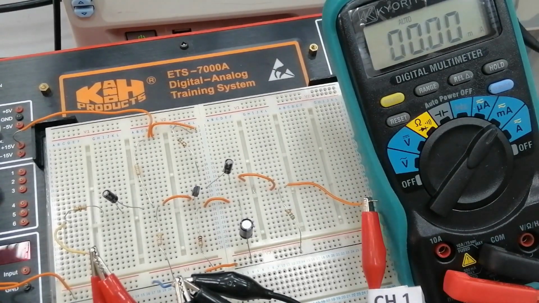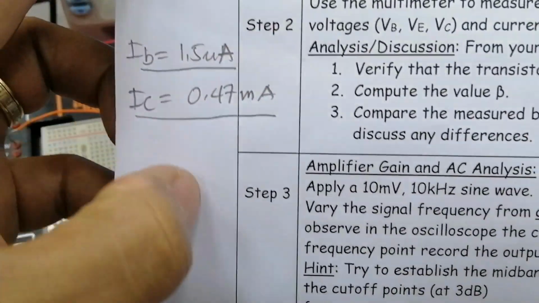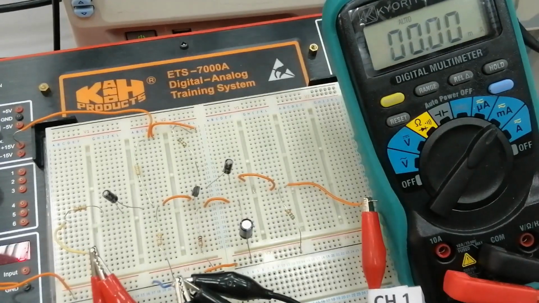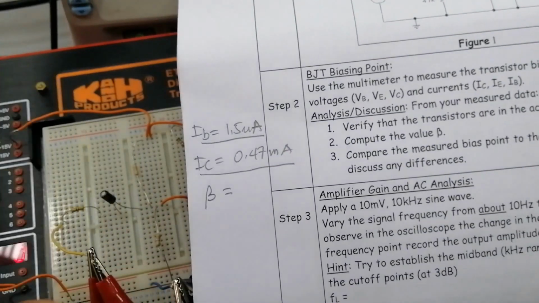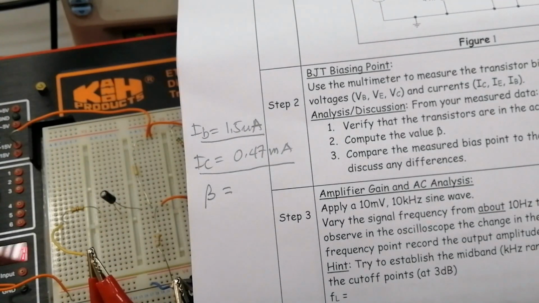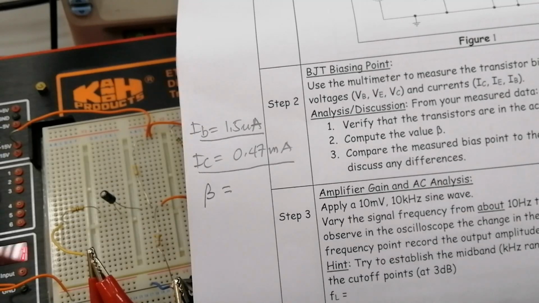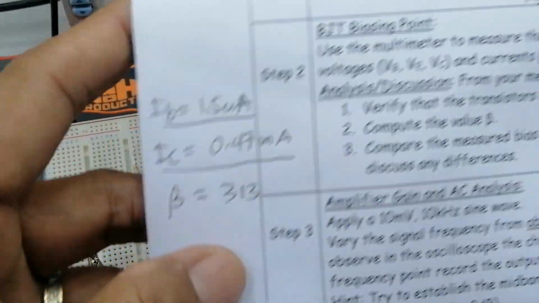Of course, for IE, you just add these together and you will have your value of IE. Having these values, you can calculate beta. Beta is equal to 0.47 times 10 to the negative 3 divided by 1.5 times 10 to the negative 6, which will give me 313. This is our beta in practical.